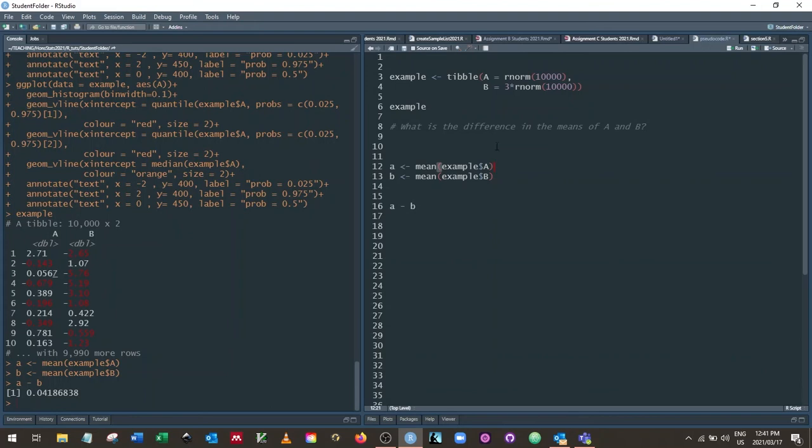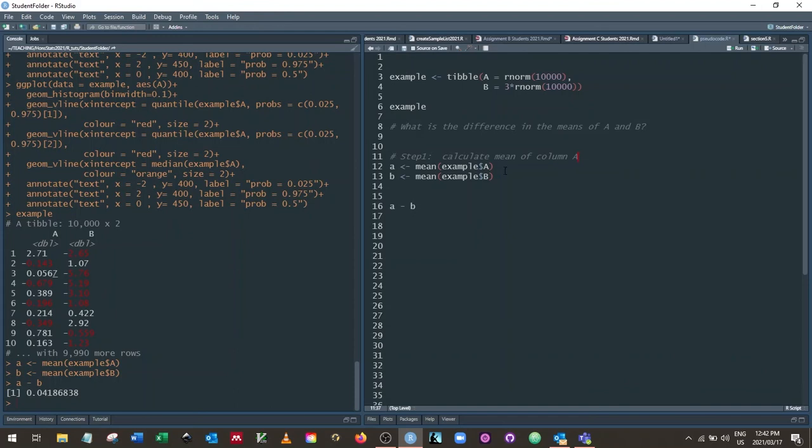So in this case, if I had to answer what is the difference in the means of A and B, I would think which steps would I use. So here I already have the steps, but now in pseudocode I would write maybe step 1, calculate the mean of column A. Because that's step 1, that's what I did here.